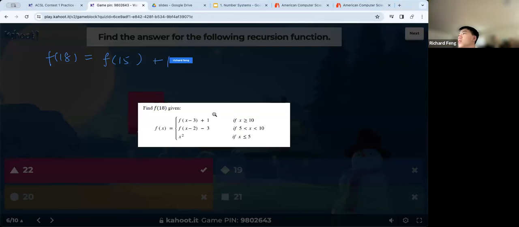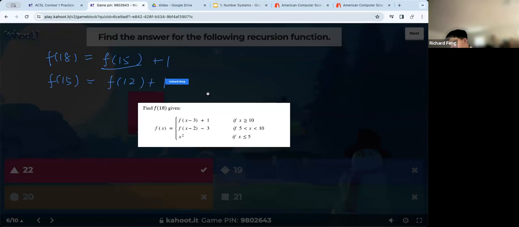Okay, so f of 18. Since 18 is greater than 10, we're going to use the first expression here. So it's f of x minus 3, so 18 minus 3 is 15, f of 15 plus 1. We don't know what f of 15 is, so we have to find f of 15. 15 is still greater than 10, so this is f of 12 plus 1, since 12 is 15 minus 3.